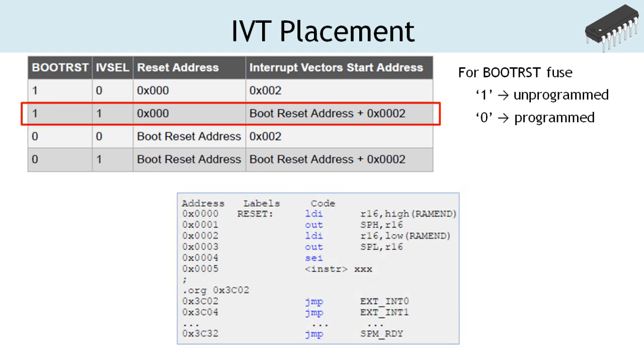When the boot reset fuse is set to logic 1 and interrupt vector select bit to logic 1, the reset ISR is placed at address 0. Notice that in the earlier case, when the interrupt vector select bit is set to logic 0, the reset vector is placed at address 0, but in this case the interrupt service routine is placed at the address 0.